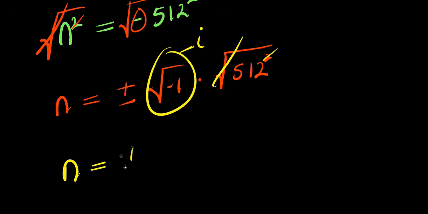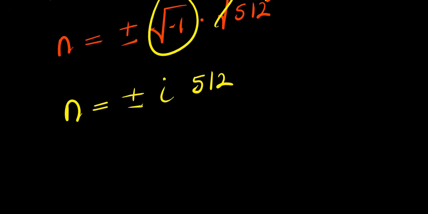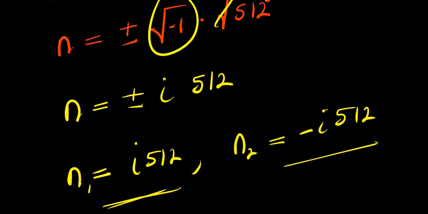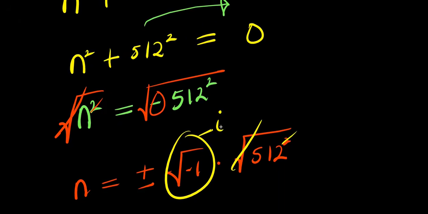I have n equals plus or minus i times 512. That is n1 equals i times 512, and n2 equals negative i times 512. So these are the two complex solutions that we have.